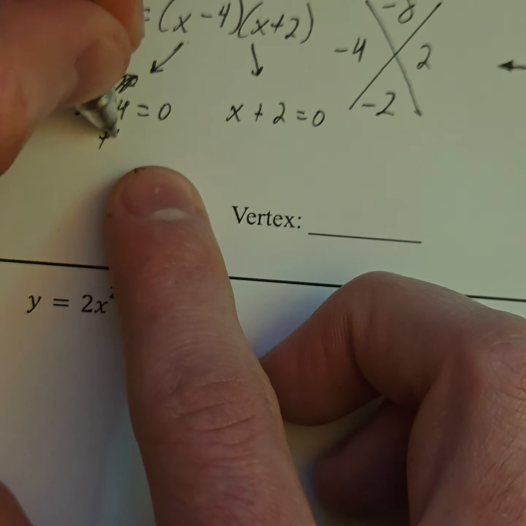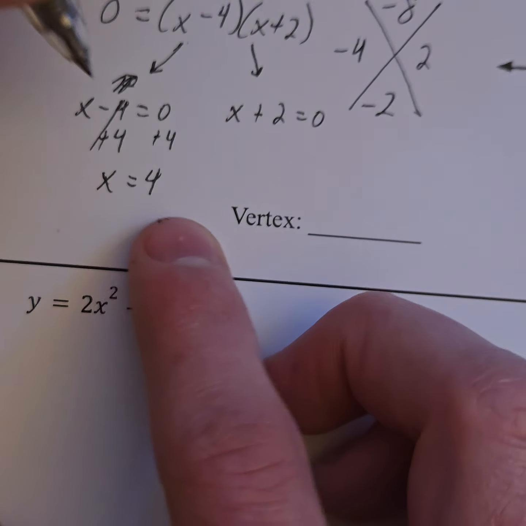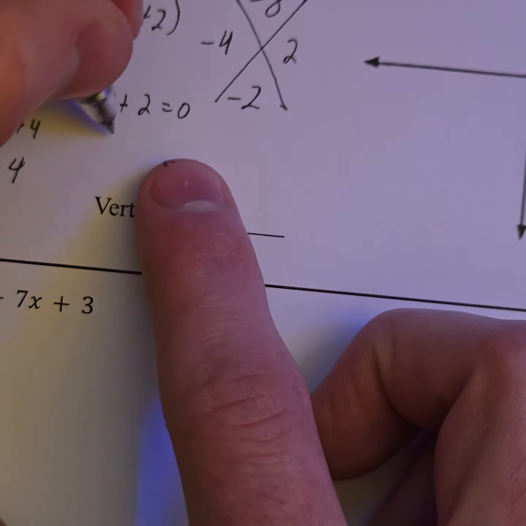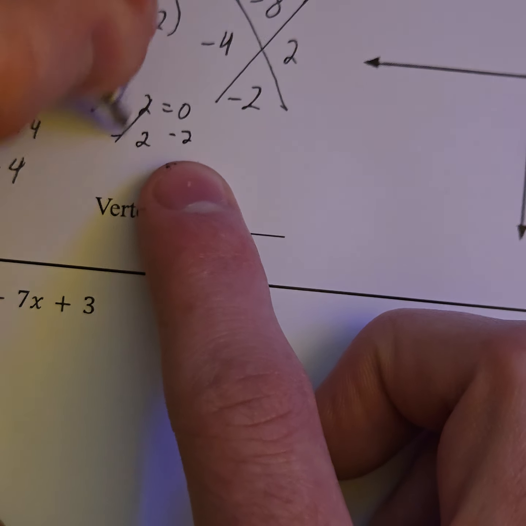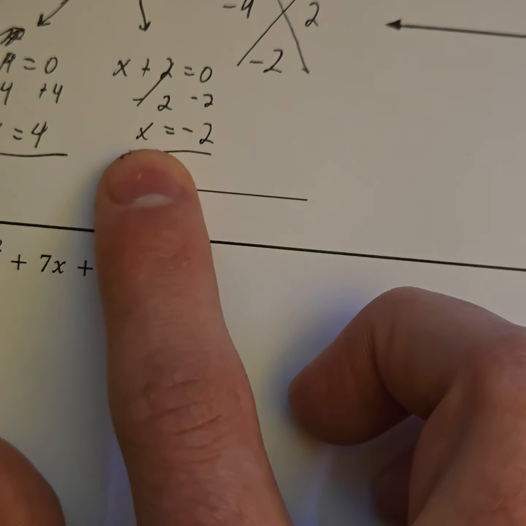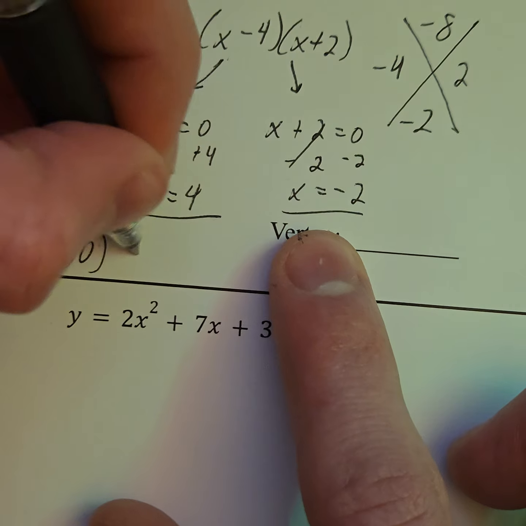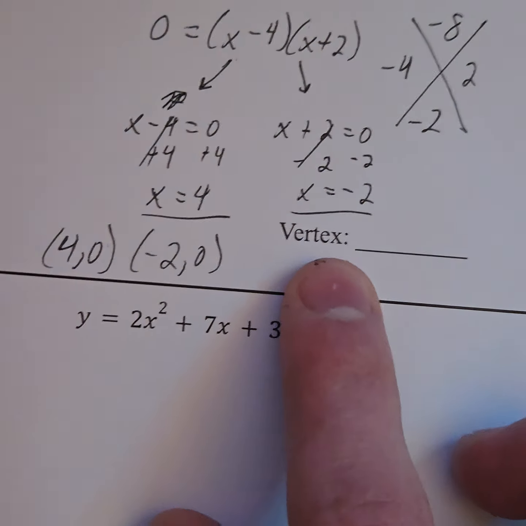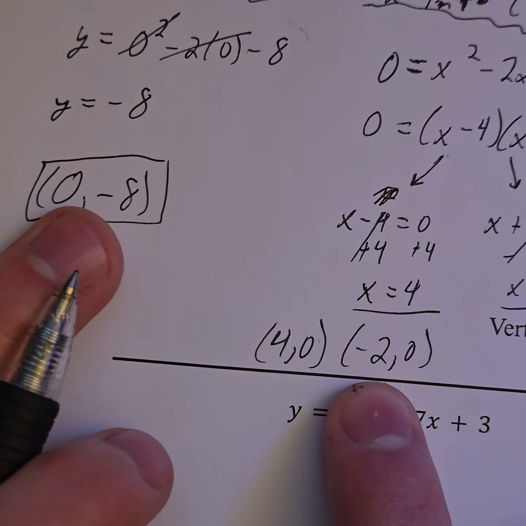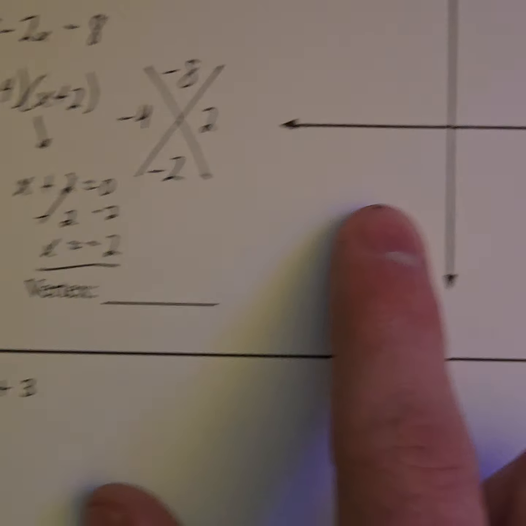So if we solve this, you add 4 to both sides, and you get x equals 4. Okay, there's one x-intercept. And then this one, you subtract 2 from both sides, you get x equals negative 2. Okay, so our 2 points are (4, 0) and (negative 2, 0). There you go. So now we have our y-intercept and our two x-intercepts. Now we can graph our parabola.